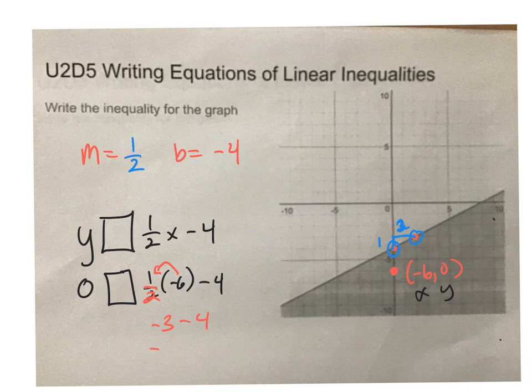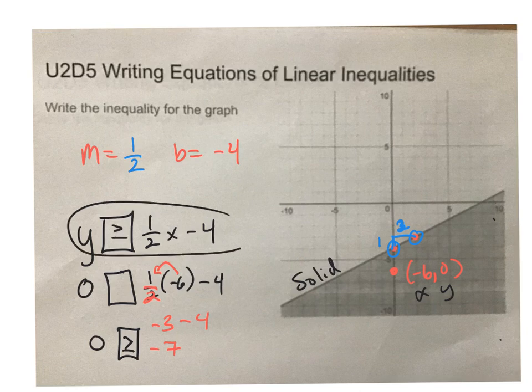So that would be negative 7. Some symbol, 0. So once again, we want to put a statement in here that is true. 0 is greater than or equal to, since we have a solid line. And that is a true statement, so we want to put that statement in right there, and you're complete. So hopefully that answers your questions about how to find it.